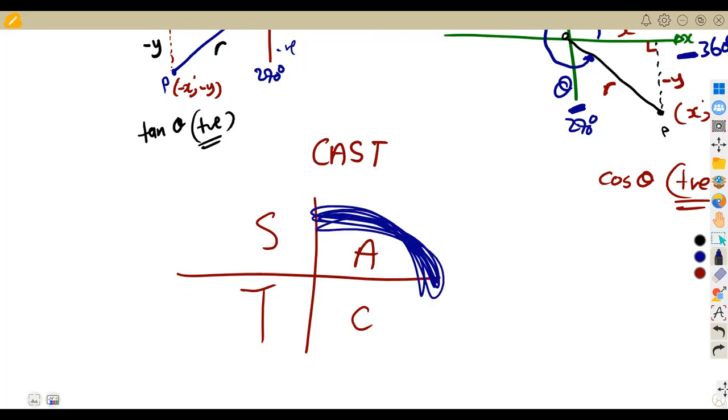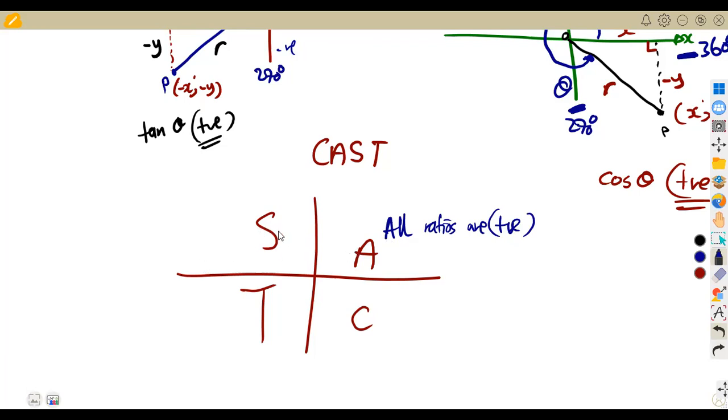All the signs that you see represent the ones that are positive there. So A is for all. All trigonometrical ratios in this case are positive. That is why we saw sine was positive, cos was positive, tan was positive.